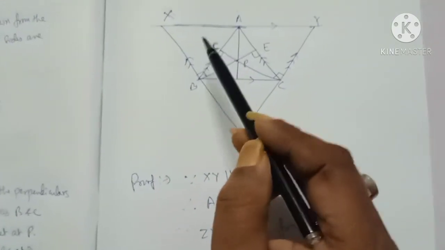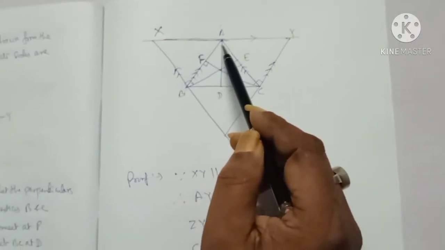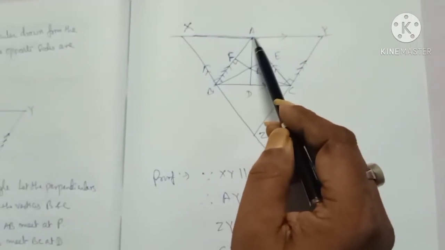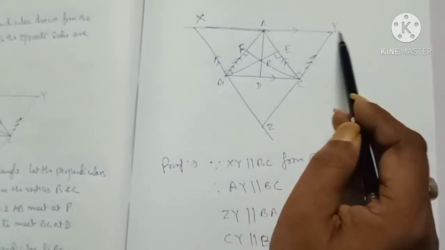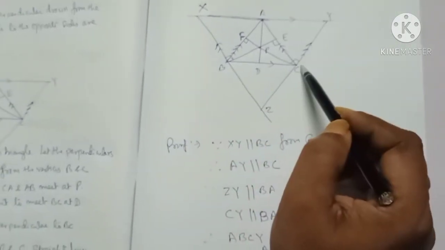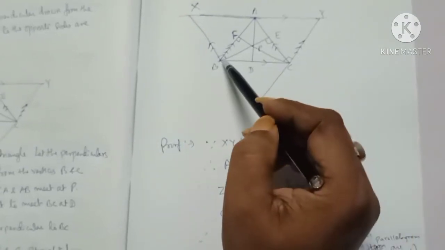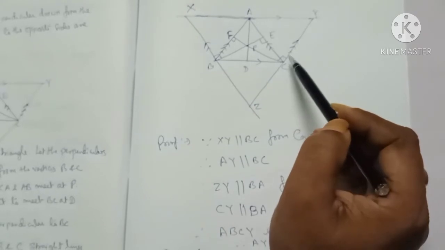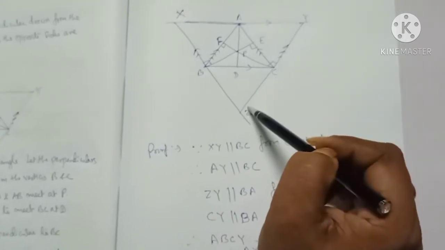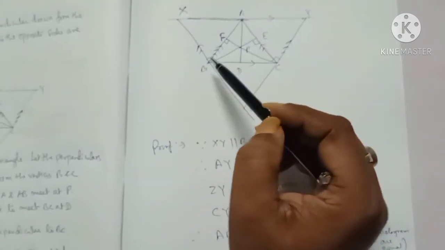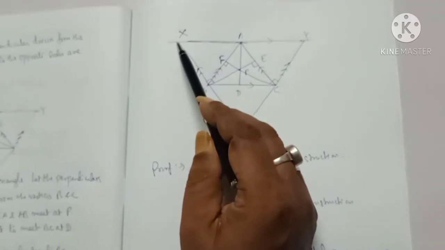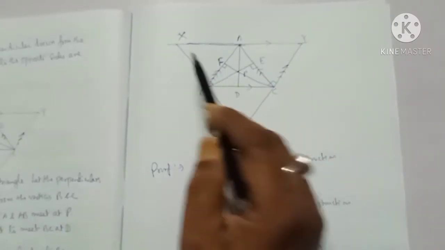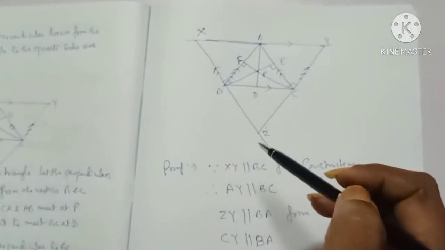So what we have done is a construction. Through A a line is drawn parallel to BC, through B a line is drawn parallel to AC, and through C a line is drawn parallel to AB, and these lines intersect at X, Y, Z, and they form a triangle XYZ.